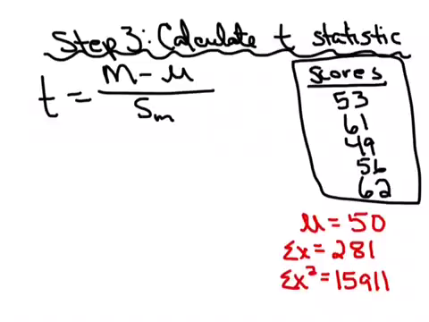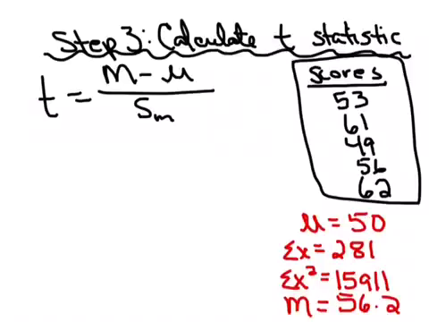So obviously to calculate the mean, we're going to take our 5 scores, add them up, the 281, and divide that by your sample size. So our M for this is 56.2. So that is our sample mean.